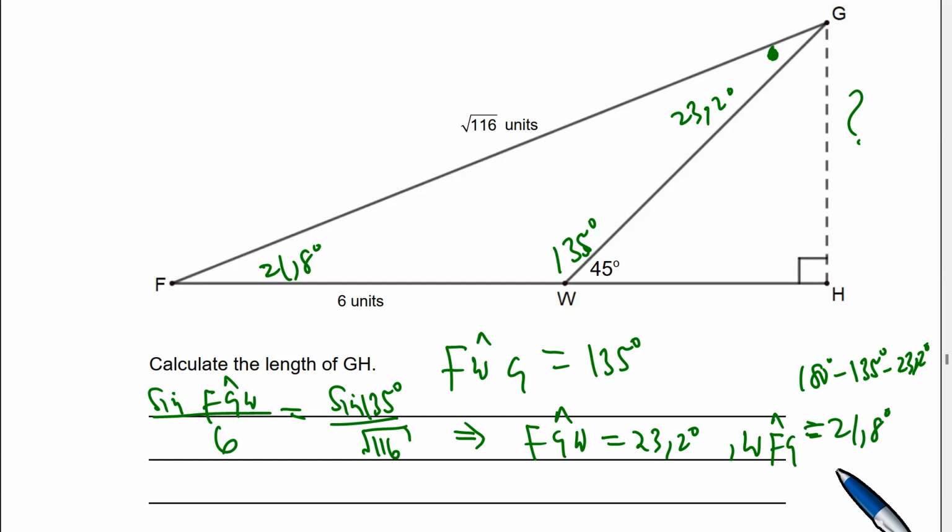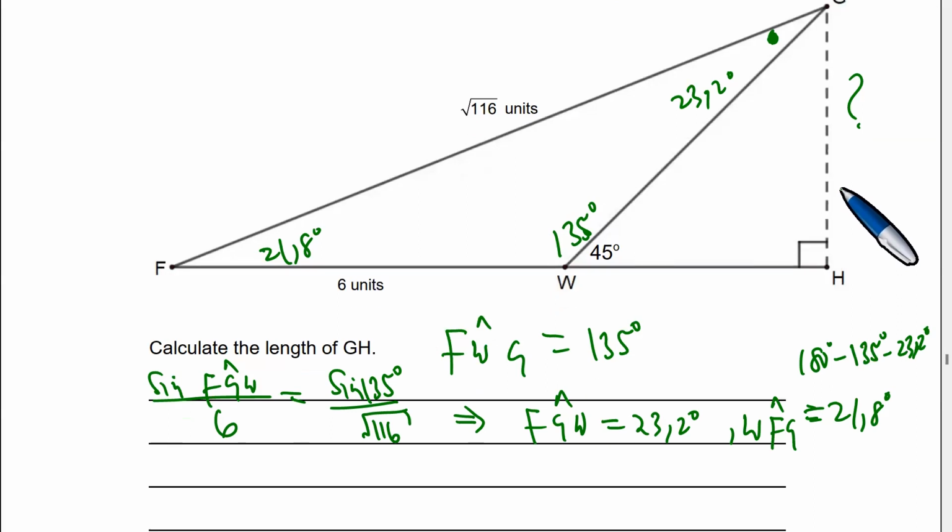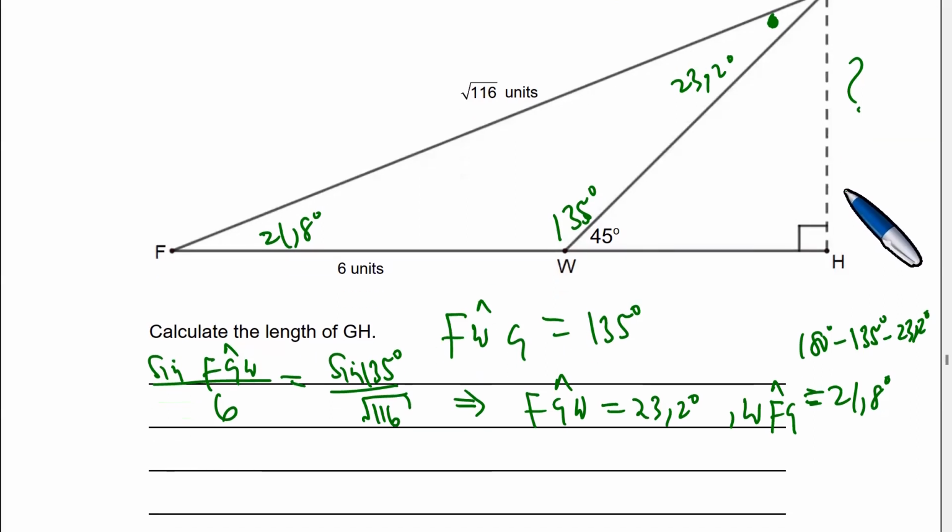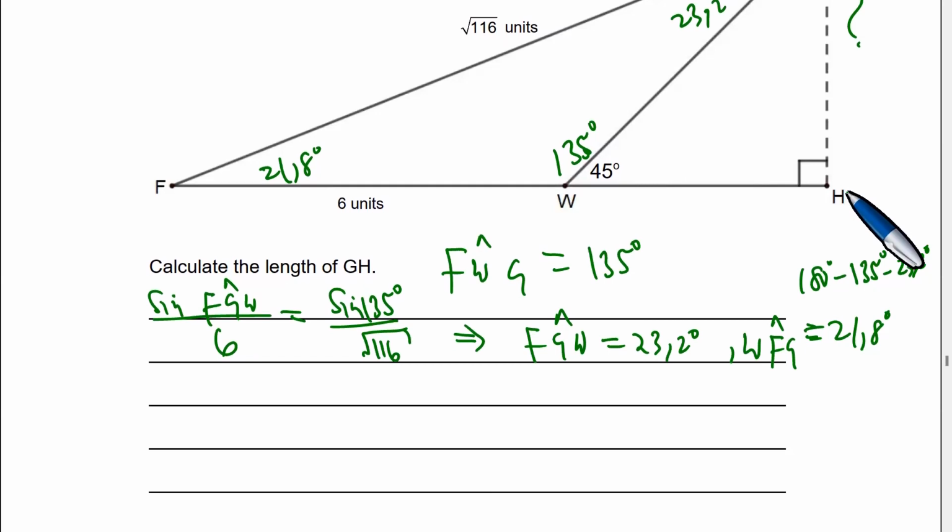Right, we've got the angle WFG, which is this one. And then we need now to find this one, so we can use the trigonometric sine of 21.8 degrees.